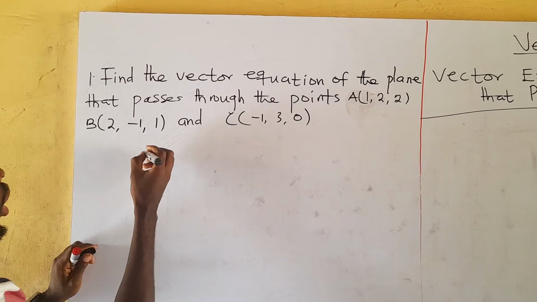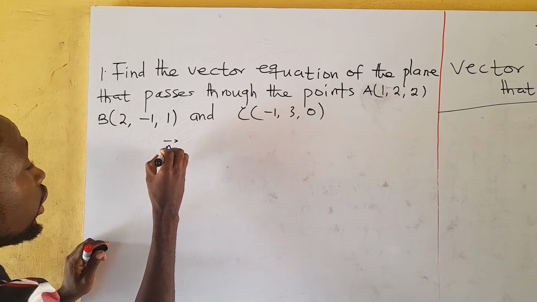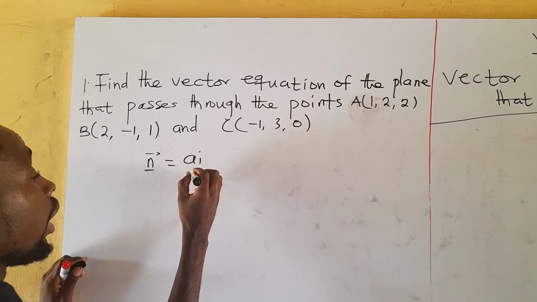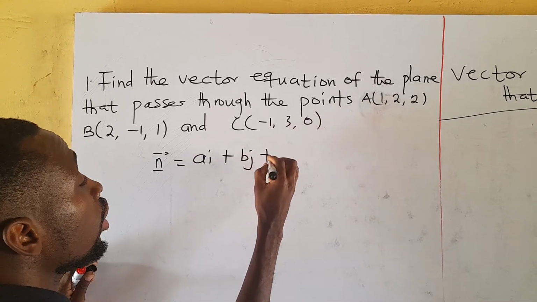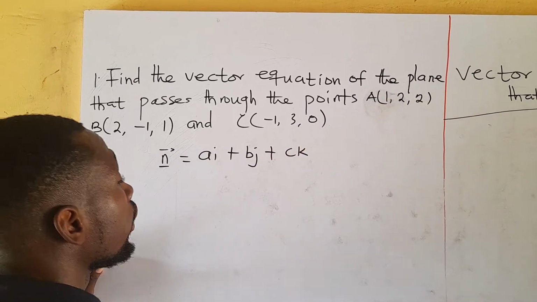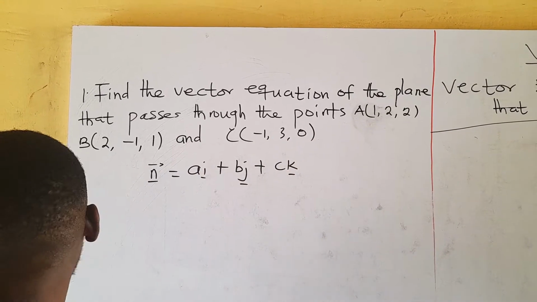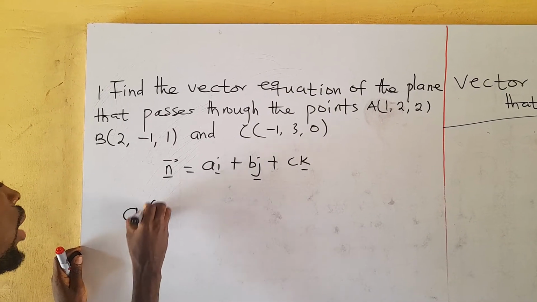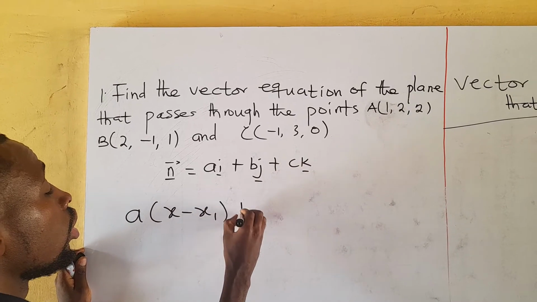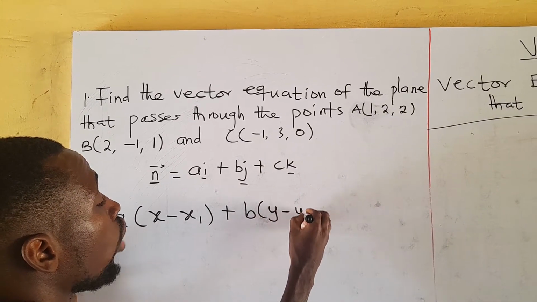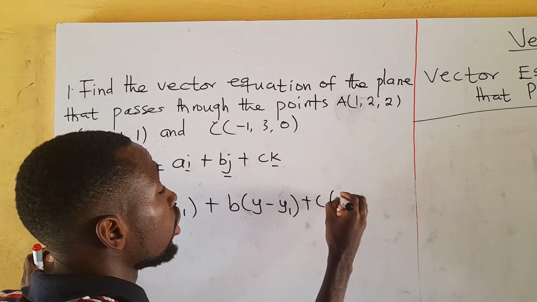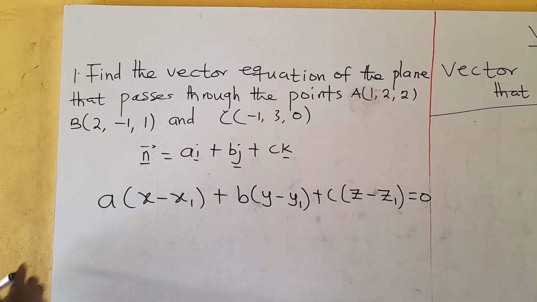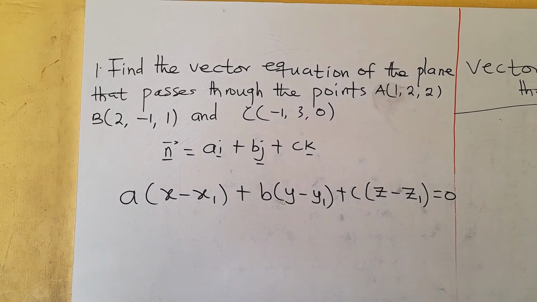If we have a plane and there is a normal acting on the plane, say ai plus bj plus ck, where i, j, k are unit vectors, then the vector equation of this plane is A bracket x minus x1 plus B bracket y minus y1 plus C bracket z minus z1 equal to 0, where A, B, and C are the coefficients of the unit vectors of the normal vector.